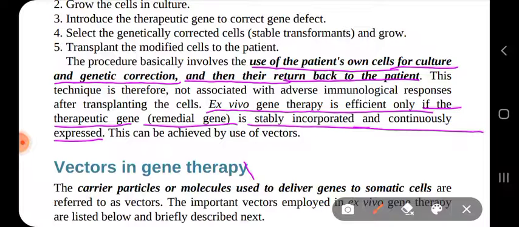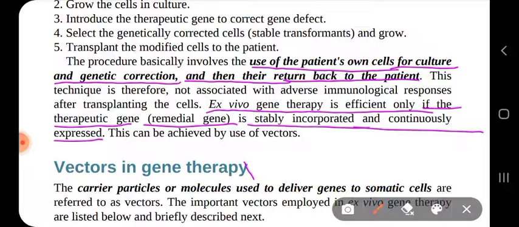If it is not expressed, then this is of no use. Okay, all the process will become a failure. So it has to be stably incorporated within the genome of that particular human cell, and it has to be expressed also.